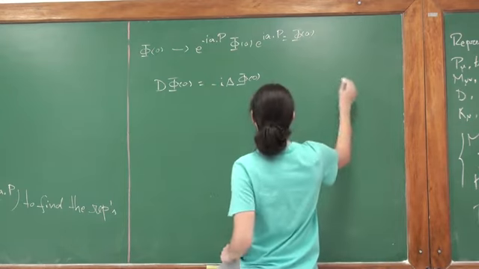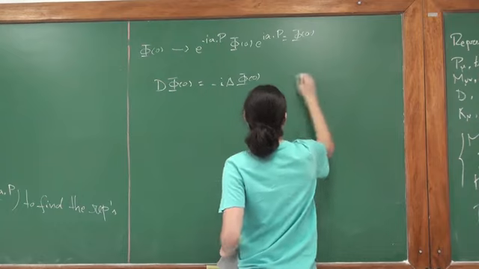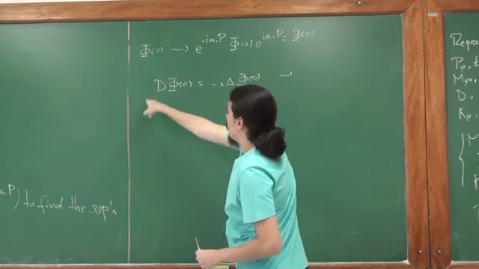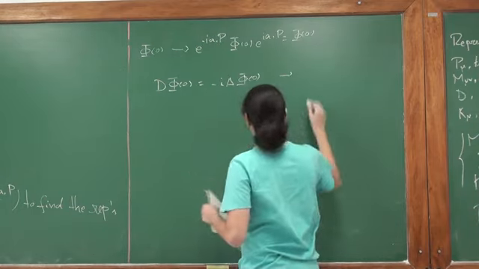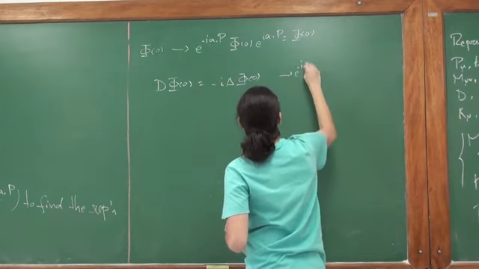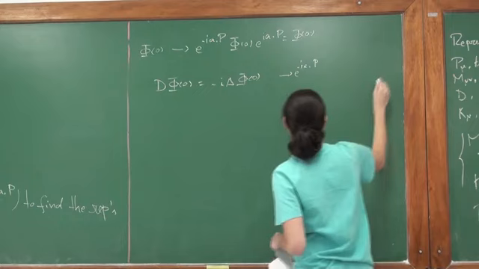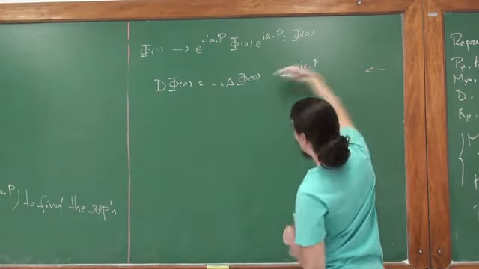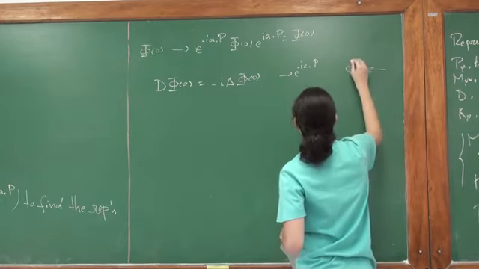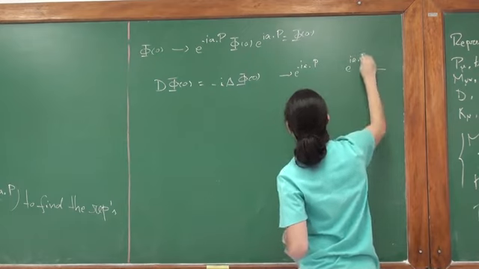Okay, I'm going to multiply on the left by this exponential, and I'm going to multiply on the right by this exponential.